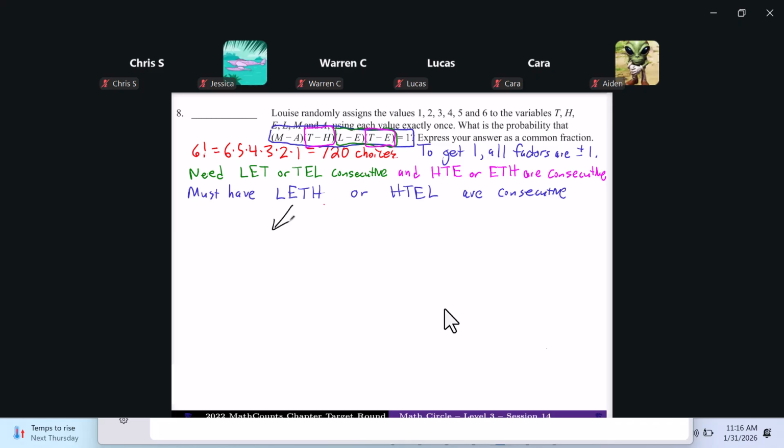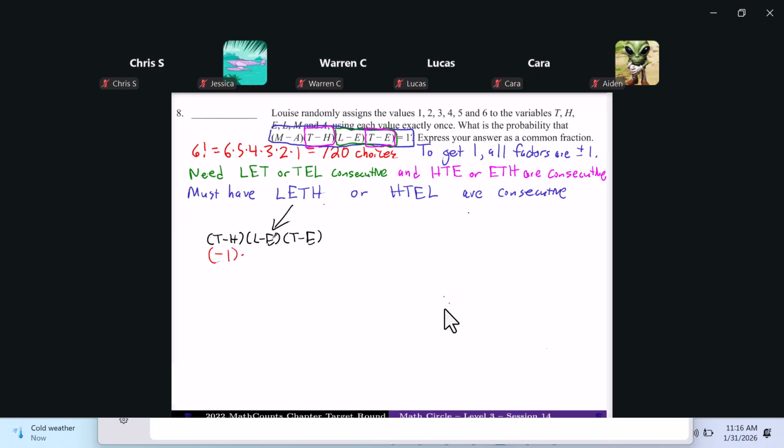So let's break down what I'd have if I do one of these things. If I have LETH as numbers in order, let's look at this blob of these three factors: T minus H, L minus E, and T minus E. If I'm multiplying these things, if T is less than H, this would be -1.